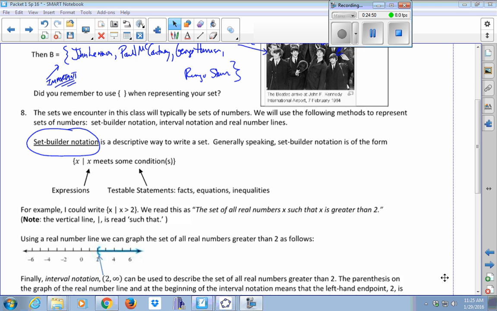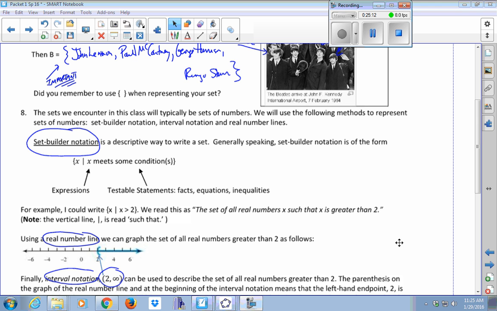The other way is called interval notation, which is what your MyMathLab uses. So when you write a set of numbers in MyMathLab, you'll be getting lots of practice with interval. And then the other way is the real number line. So we're going to show you how to go back and forth between these 3 representations of sets of numbers.